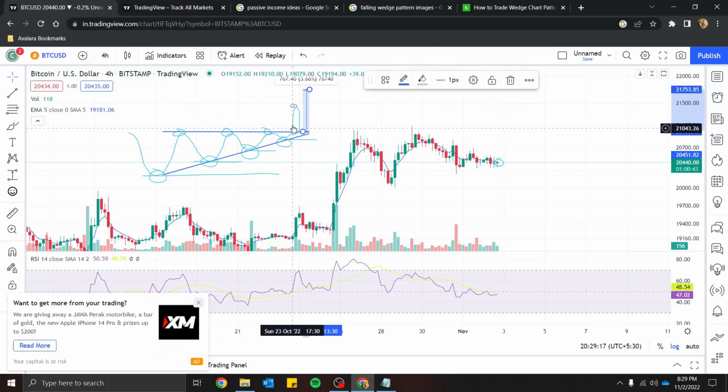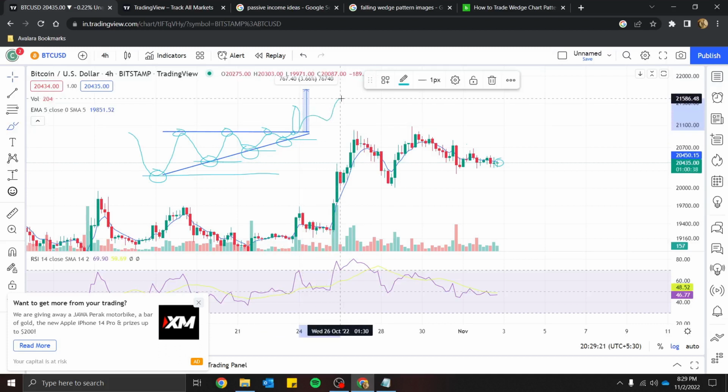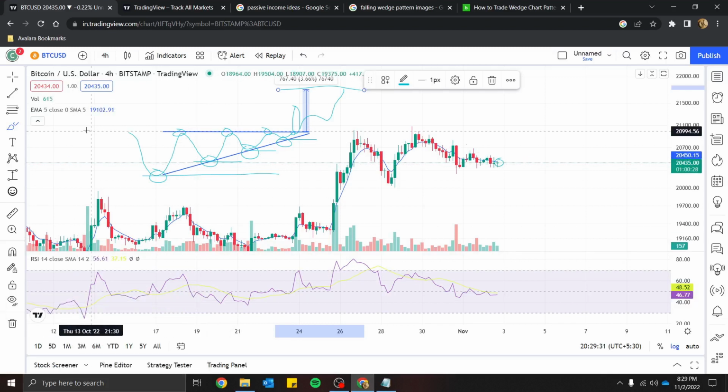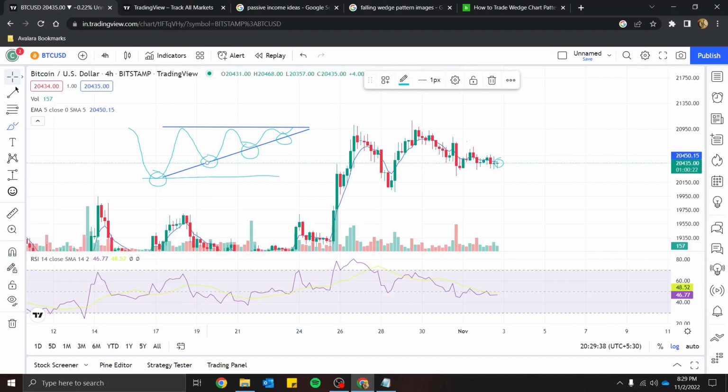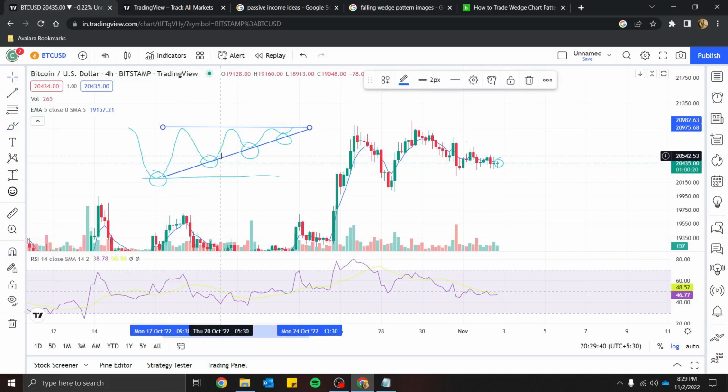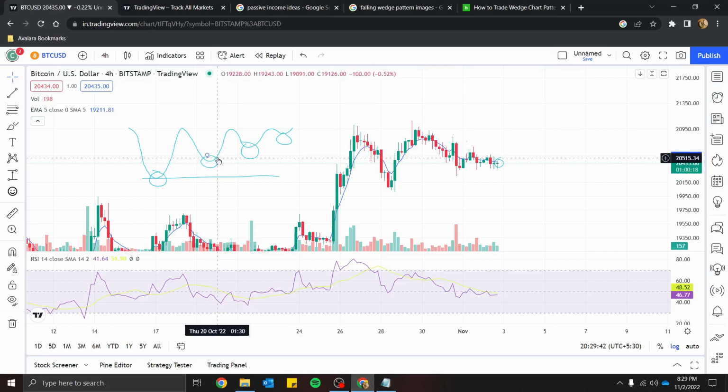As and when the candle breaks this level, anytime soon we will see the uptrend like this, and this will be our target. So this was all about the rising triangle pattern, and similarly let me show you quickly about the falling triangle as well. Let me quickly erase.